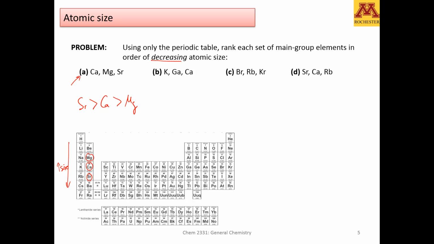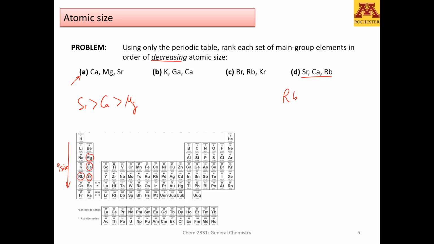Let's do another one that may be a little bit more intricate, like this last example: strontium, calcium, and rubidium. In this case, we know that strontium is going to be larger than calcium. I apologize.